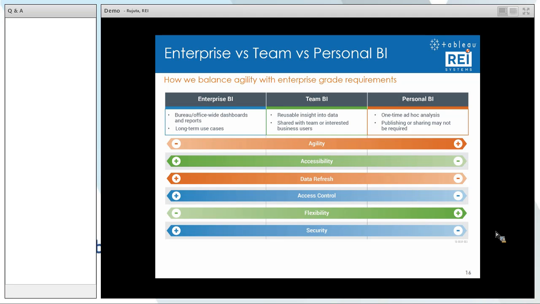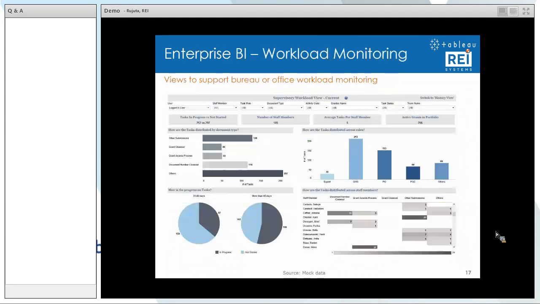The next few slides show an example of workload dashboards at an HHS agency. Please note the workload dashboards that we are showing today use mock data. At the top, you will see multiple filters that allow users to see the data of their interest. The dashboard is intelligent enough to tailor the view based on the logged-in user's profile.